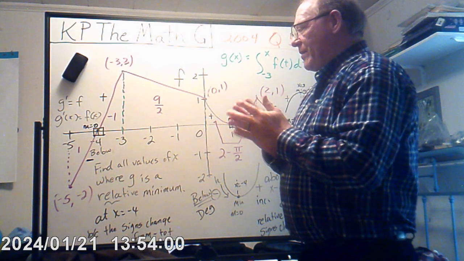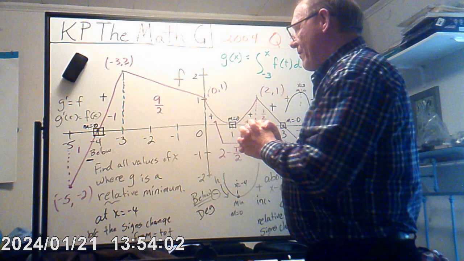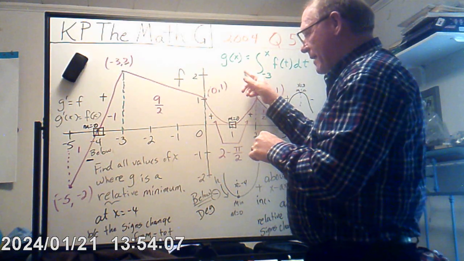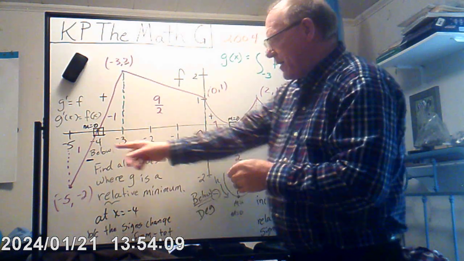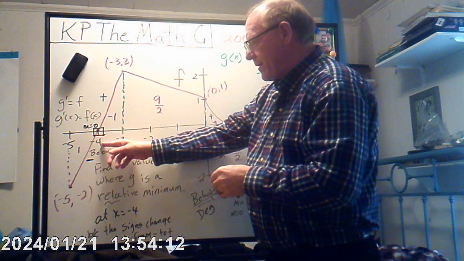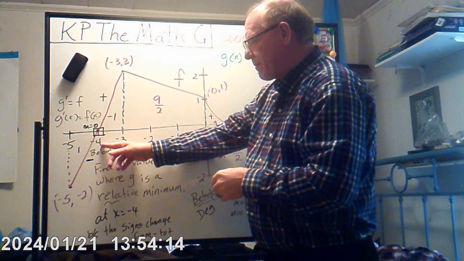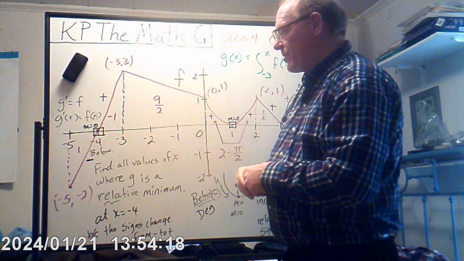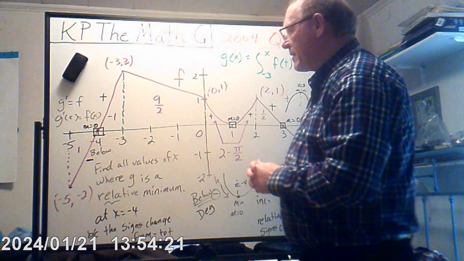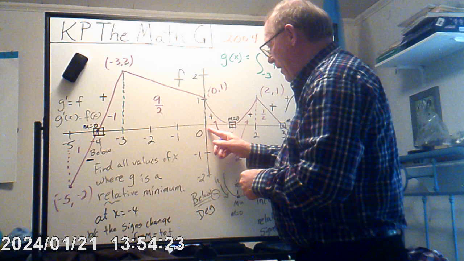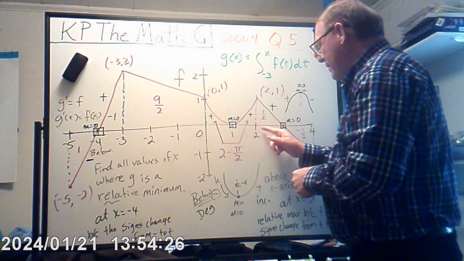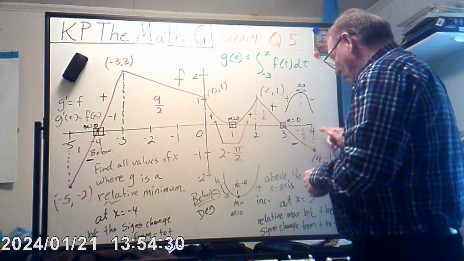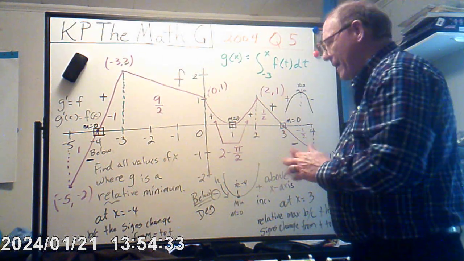Anyway, we've done a couple of things. We found what G prime at x is. We found G prime at negative 4, which is F at negative 4. F at negative 3 is 2, the y value. F at 0 would be 1. F at 2 would be 1. F at 3 would be 0, and F at 4 would be negative 1.